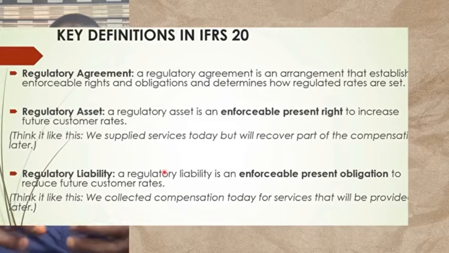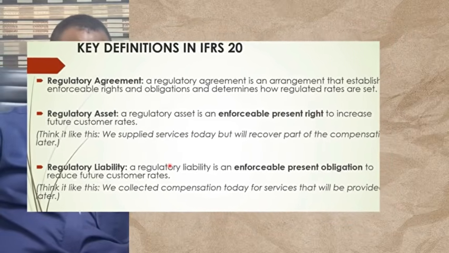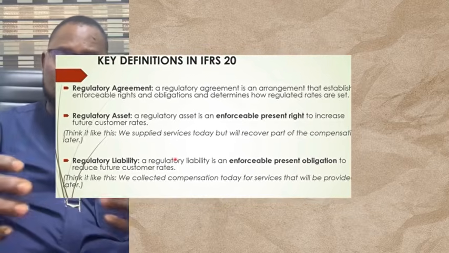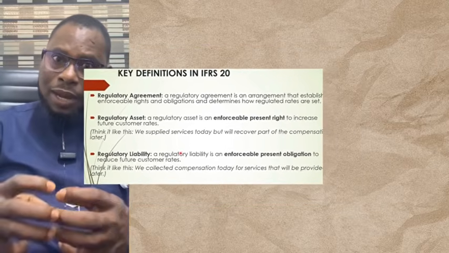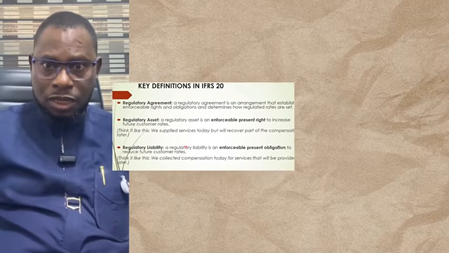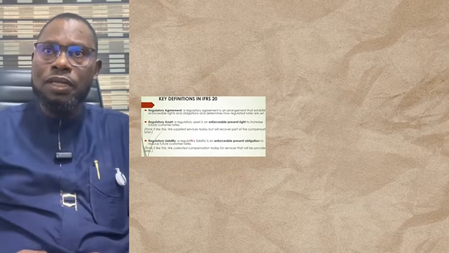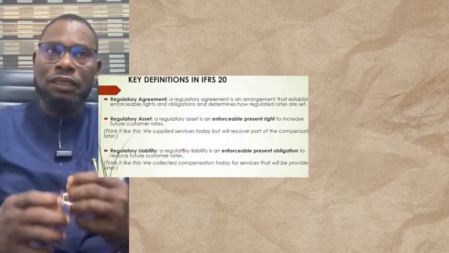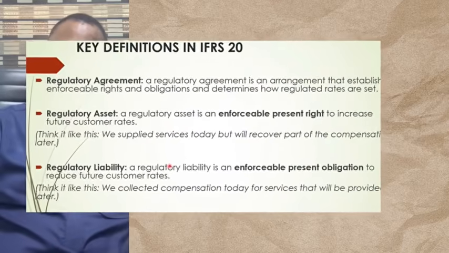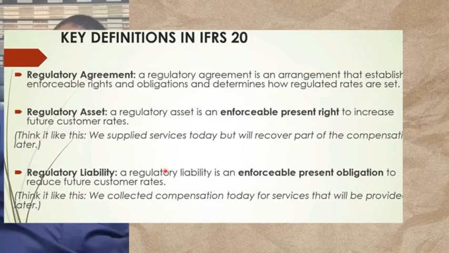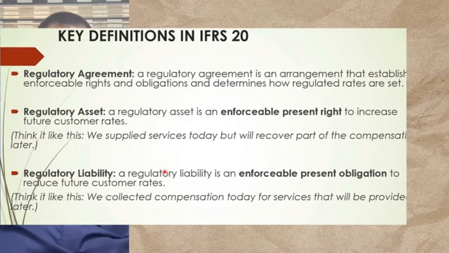So there's something we call regulated rates, which we are going to talk about. Regulated rate: there's an agreed rate that you can collect in the future. A regulatory agreement establishes an enforceable right: the company can enforce that right to collect from the customer.